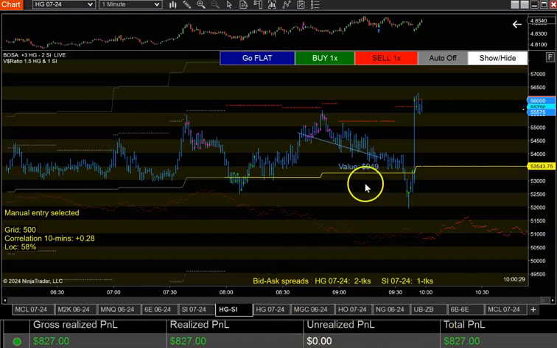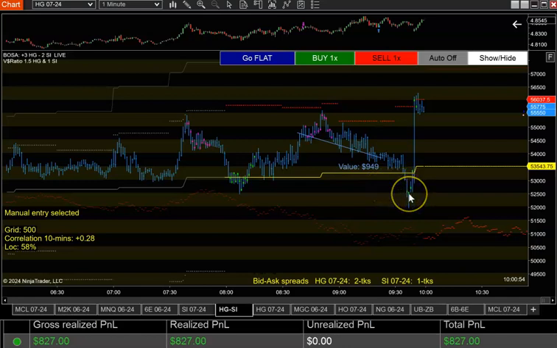So the net equity is 827. One other thing is these colored bands here, every one of them, the grid is $500 in equity. So this area is 500, this area is 500, this area is 500. So you can see where the equity value is there, okay?